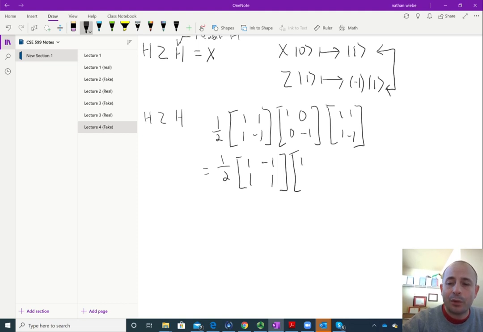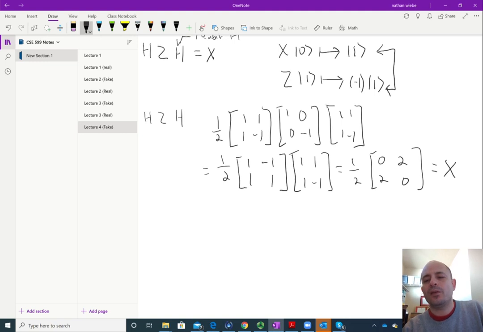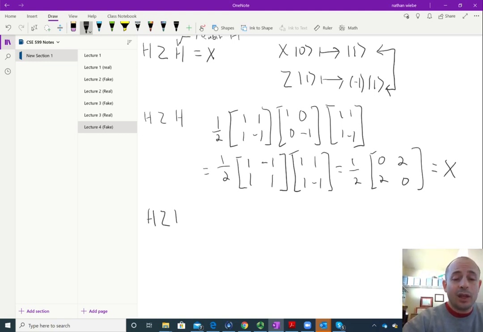And now multiplying that through by 1, 1 minus 1, I end up getting 1/2 of 0, 2, 2, 0. And that is Pauli X. So we have now that HZH equals Pauli X.